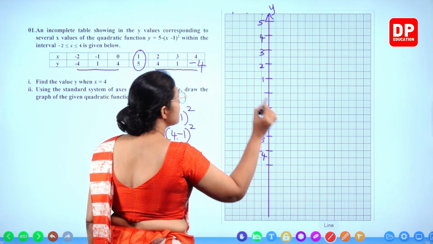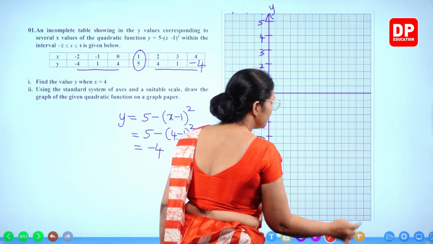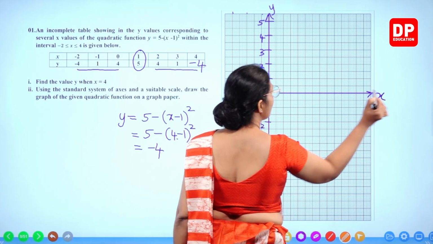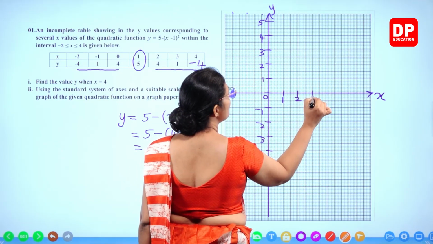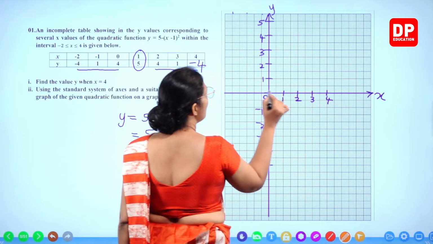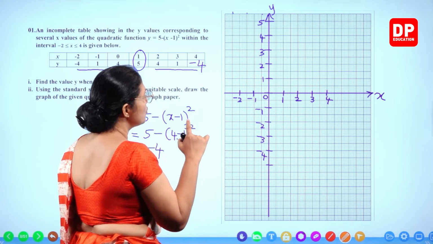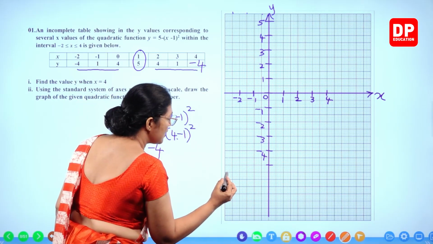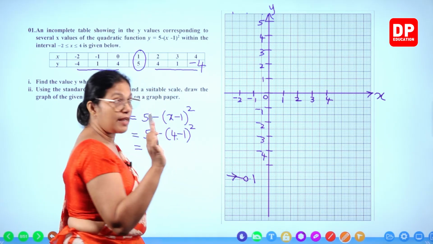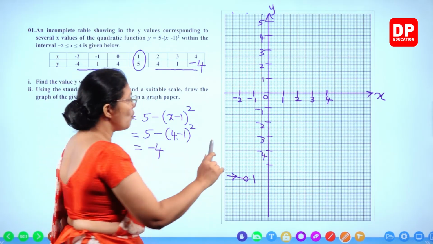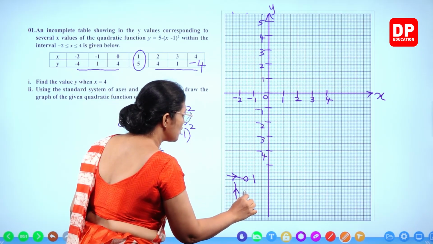Then we'll draw the x-axis: 0 here, 1, 2, 3, 4, and this side minus 1, minus 2. You can mark it this way, 0.1. 10 small squares is 1 unit, so 1 over 10 is one very small square. This way also 0.1.